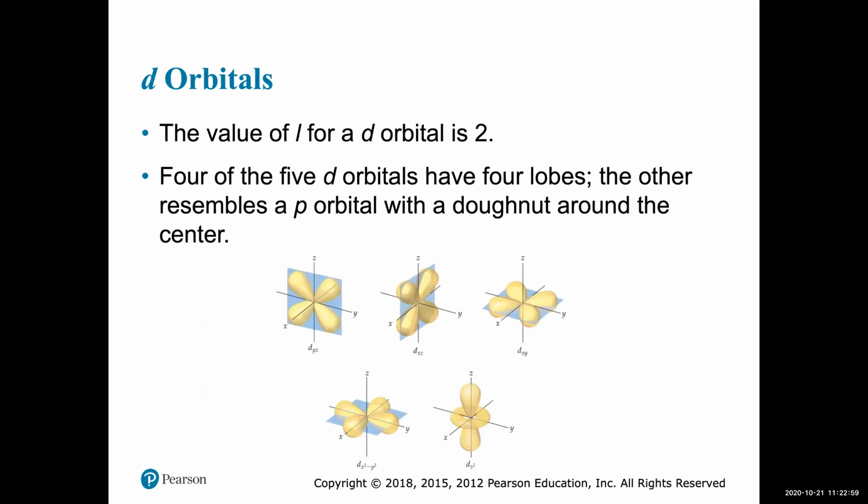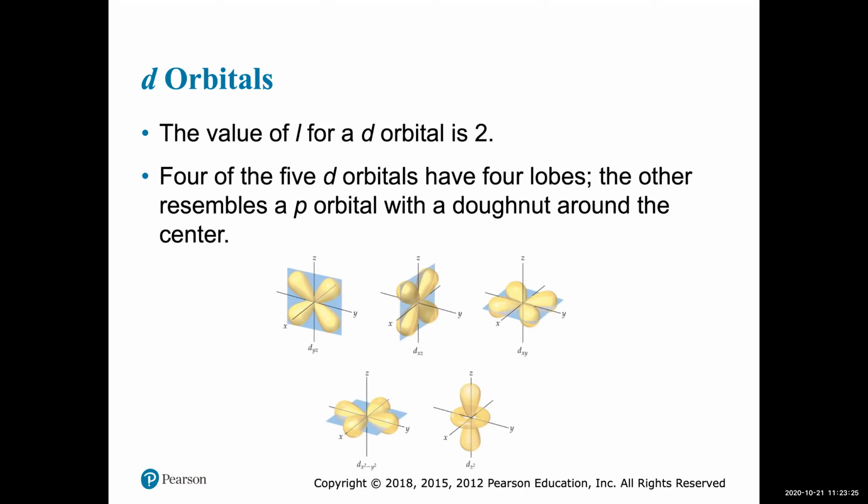Then the next one is the d orbital. We know from the quantum numbers that we have 5 d orbitals, and the d orbitals have 4 lobes, at least 4 of the 5 do. So we have 4 of them that have 4 lobes, and we see those displayed here in the planes along the x-axis, the y-axis, the z-axis, things like that.